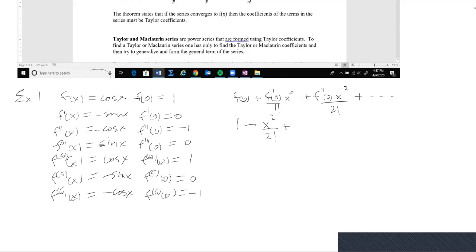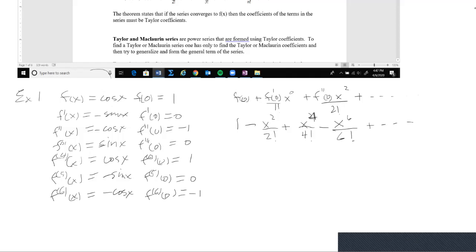We just keep alternating there, so we'll have a plus x to the 4th over 4 factorial. The next term would have been a 0, the fifth derivative, and then the next term, that's a 6, 6 factorial, and it would keep going like that.